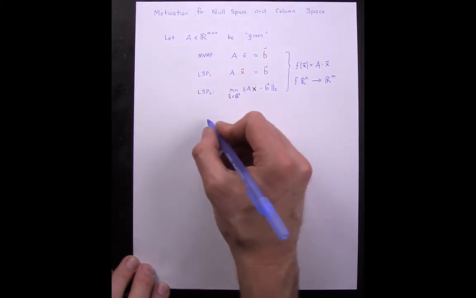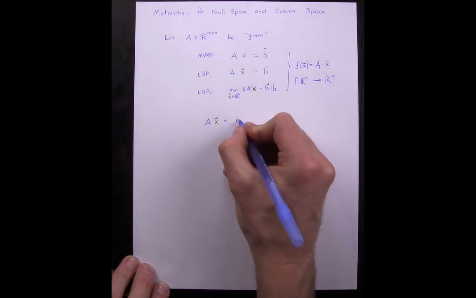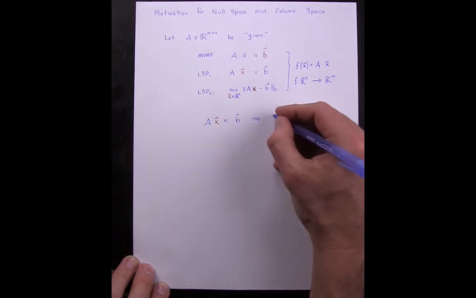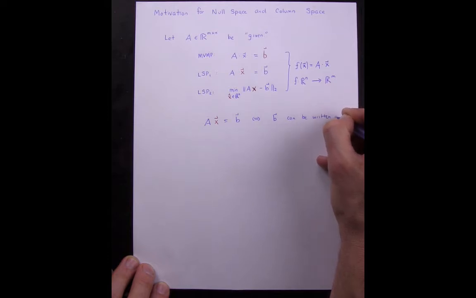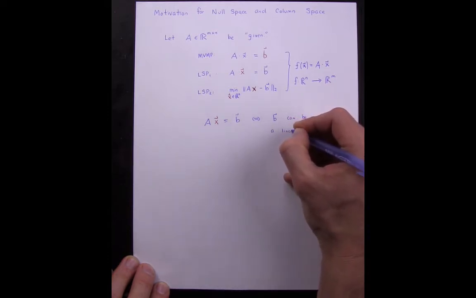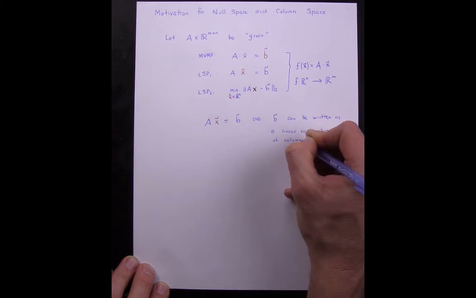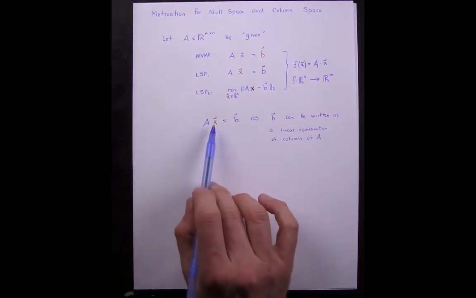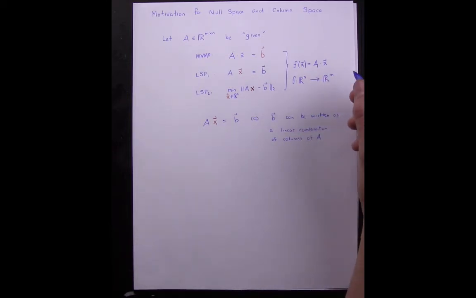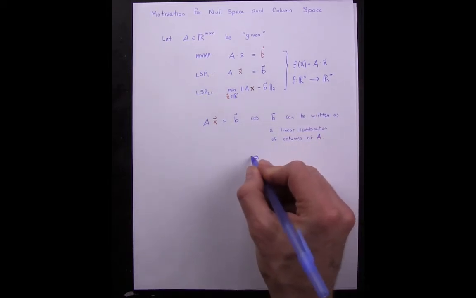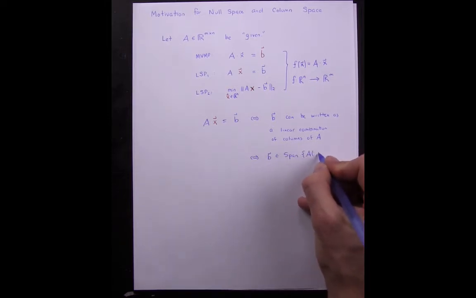What we saw in the linear systems problem was AX equal to B if and only if B can be written as a linear combination of columns of A. So in other words, this linear systems problem has a solution if and only if B can be written as a linear combination of the columns of A, which another way to say that is B is in the span of the columns of A.